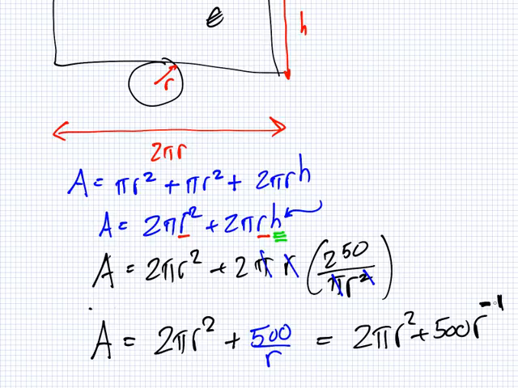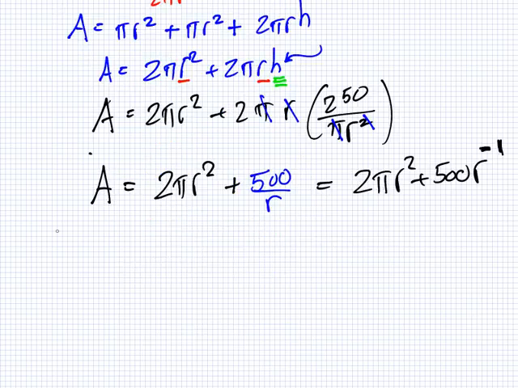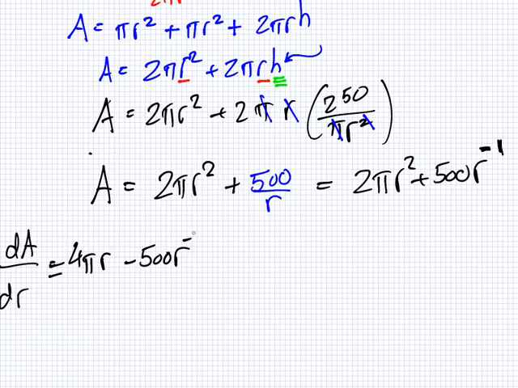Okay, continue. So now we can calculate the derivative. dA/dR equals 4 pi R minus 500 R to the minus 2, and also, might as well do it at the same time, the second derivative will be 4 pi plus 1000 R to the minus 3. Yeah, that's it.